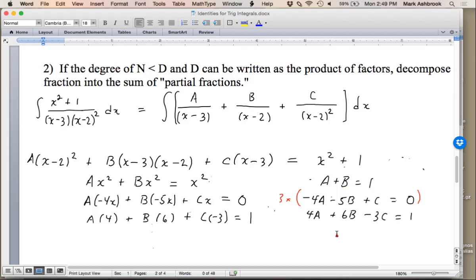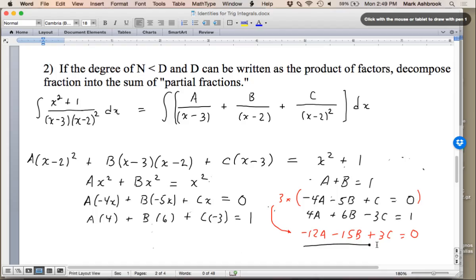So when I do that, what do I get? So this becomes negative 12a minus 15b plus 3c equals 0 still. And now I'm going to add these two equations.